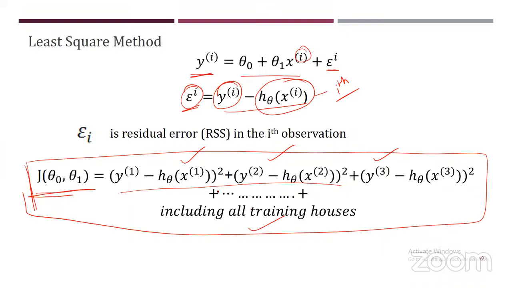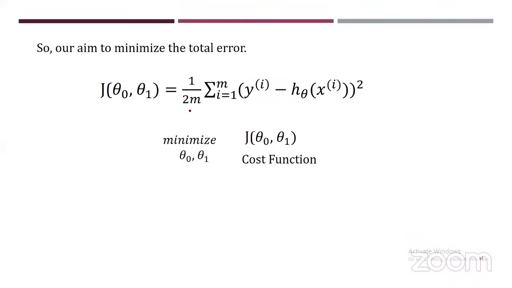How is the minimization going to happen? If all these gaps are less, that means in whole this cost is going to be less, and that is our objective. Okay. So to summarize this first part, our objective is to minimize this gap.